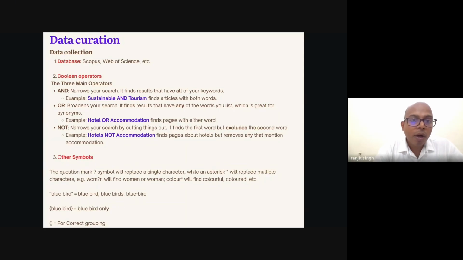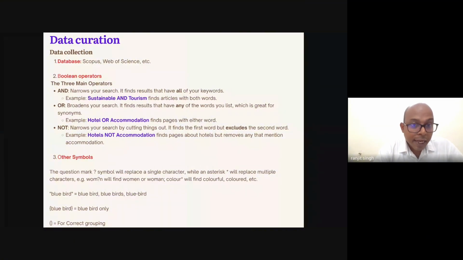Next is OR. OR is generally used to broaden your research. It finds the results that have any of the words you list, which is great for synonyms. For example, you want to do research on customer loyalty in the context of hotels. Hotel, resort and accommodation are all quite similar.